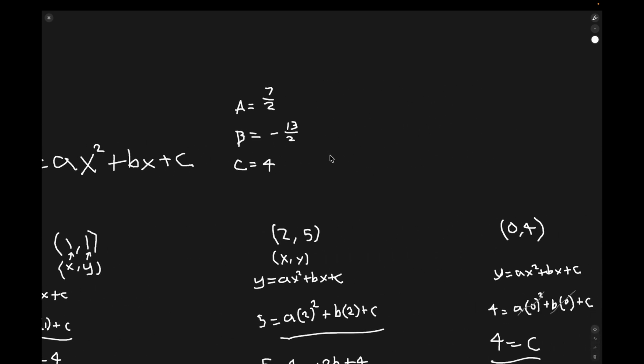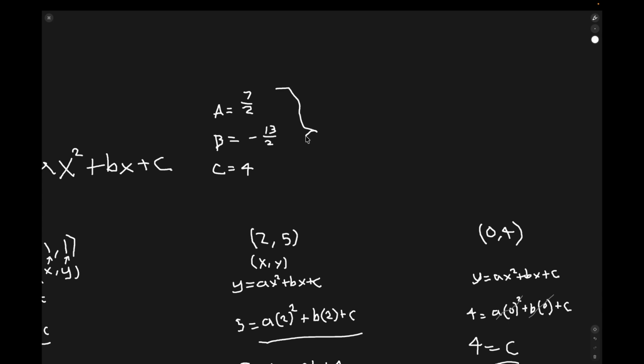So our final form for our parabola is going to be 7 on 2x squared plus negative 13, which will just be minus 13 on 2x, plus 4.